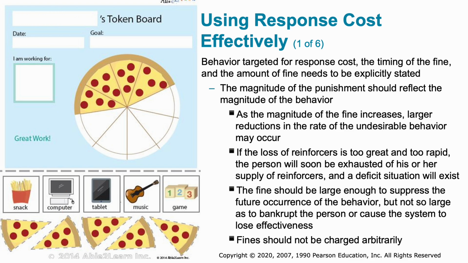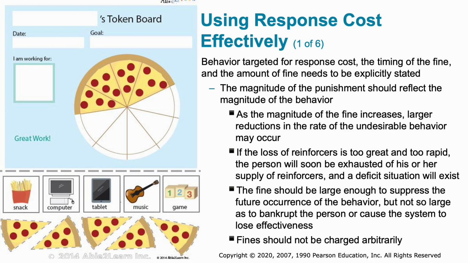So now let's talk about some parameters that you need to set in order for response cost to be implemented effectively. The first thing is that you want to delineate or have like a clear protocol for how to implement your response cost, meaning that you have to establish which particular behavior is going to be targeted for response cost.